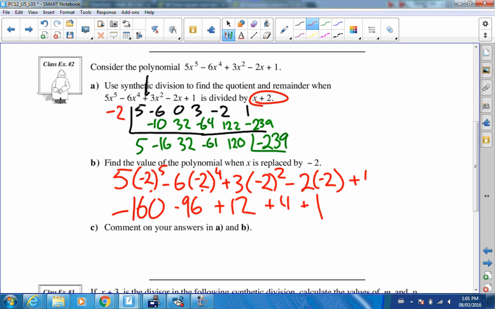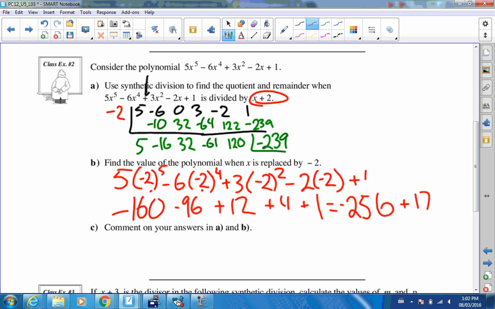So, combining my negatives together, negative 160, this is going to be negative 256. Yeah, that looks good. And then plus 17.